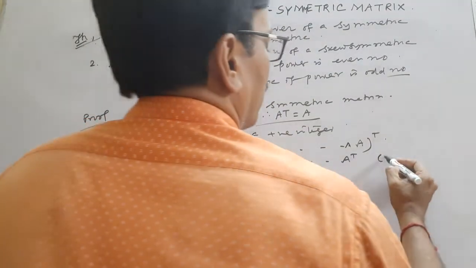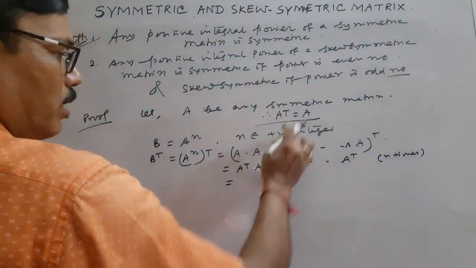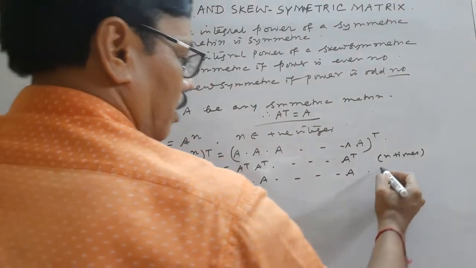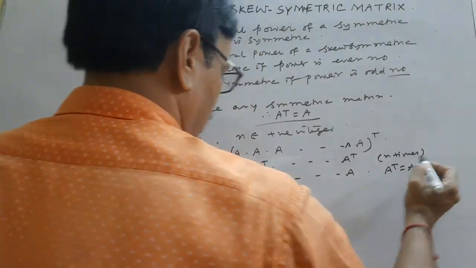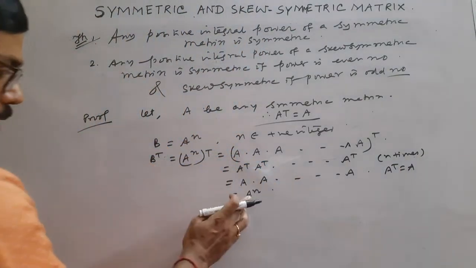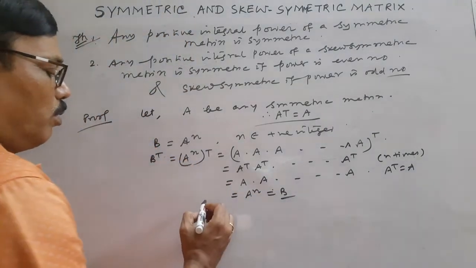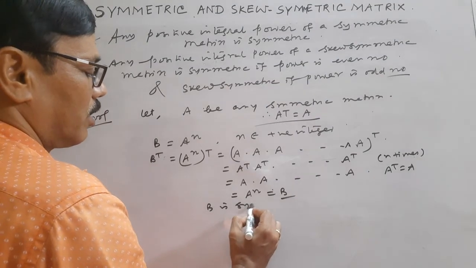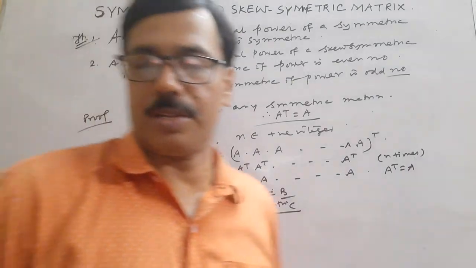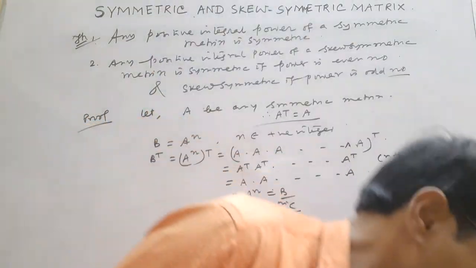How many times? n times. Now A transpose is A, because A transpose equals A. So this is A to the power n. So B transpose equals A to the power n equals B. So B is symmetric. Very simple. You have to remember this result.